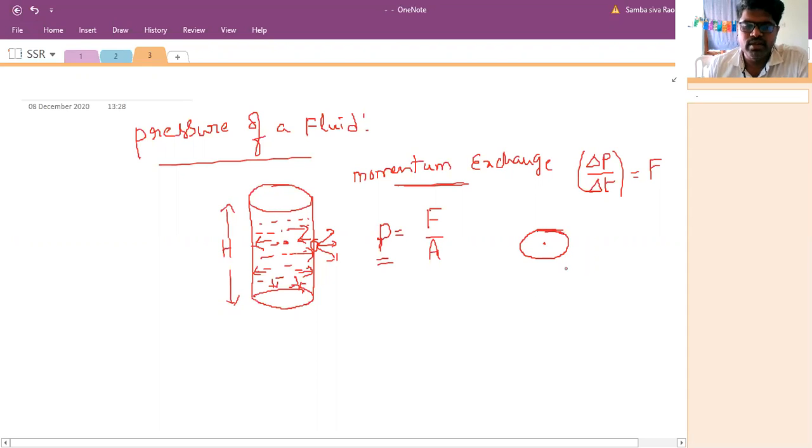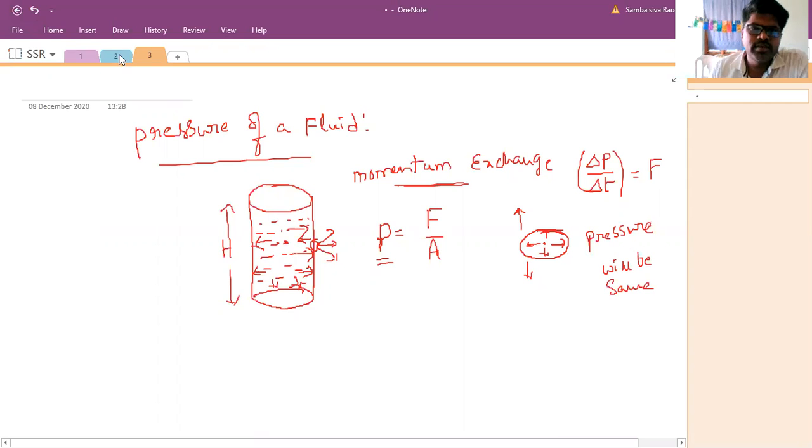If you go down or go up, the pressure will differ. At one horizontal level, the force acting per unit area will be the same, so the pressure will be the same.